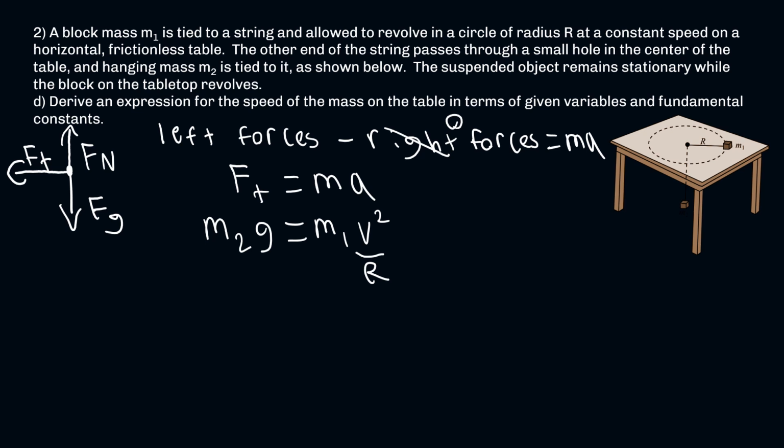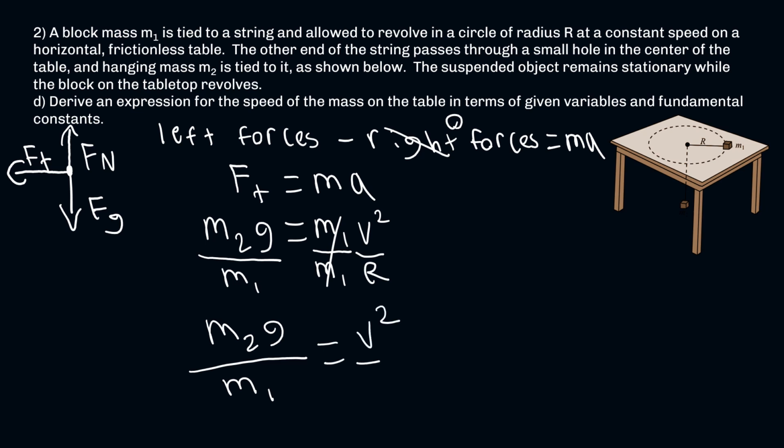I'm going to start with m1 first. Since it's attached by multiplication, I'm going to do the opposite and divide both sides by m1. So m2 times g over m1 is equal to v squared over r.